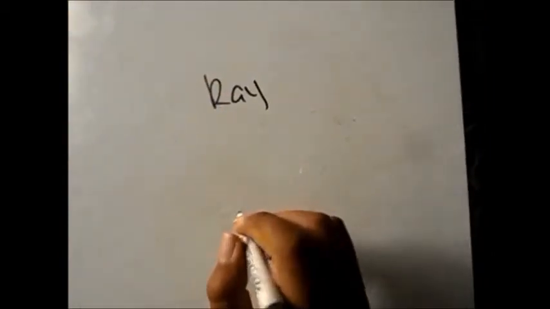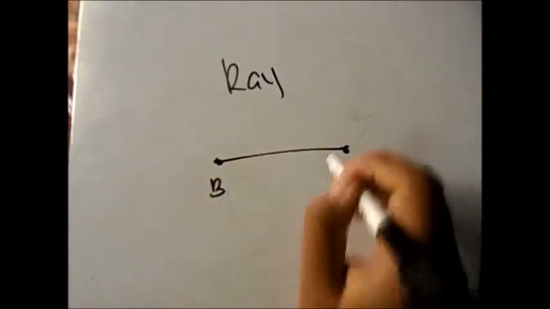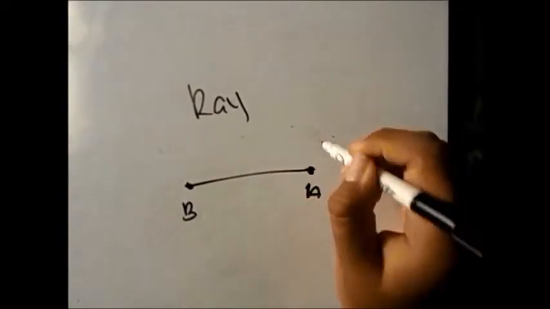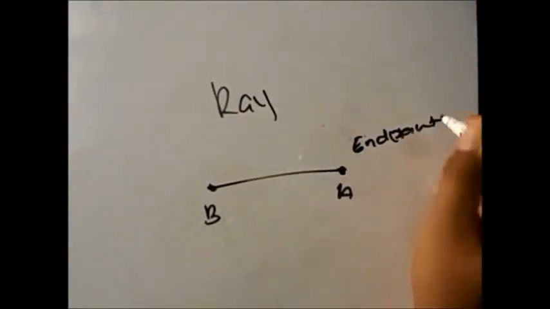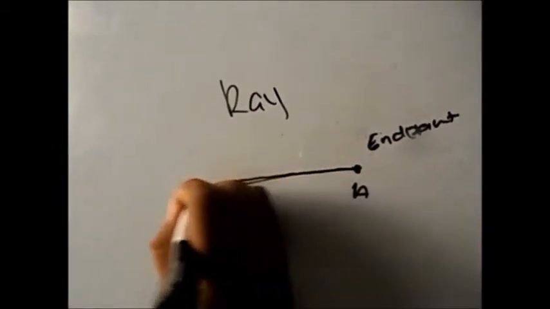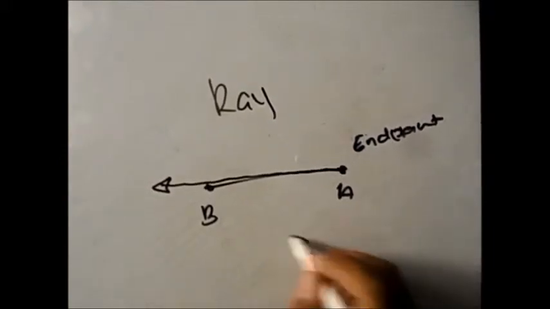Next definition is a ray. Not Ray as in like Raymond, but an actual ray. It's essentially like a line segment, but it continues on one side, with the beginning point being the only endpoint. Kind of ironic. End and beginning.